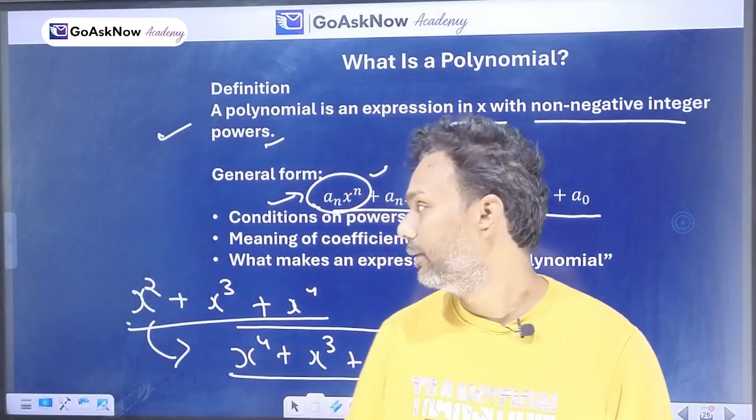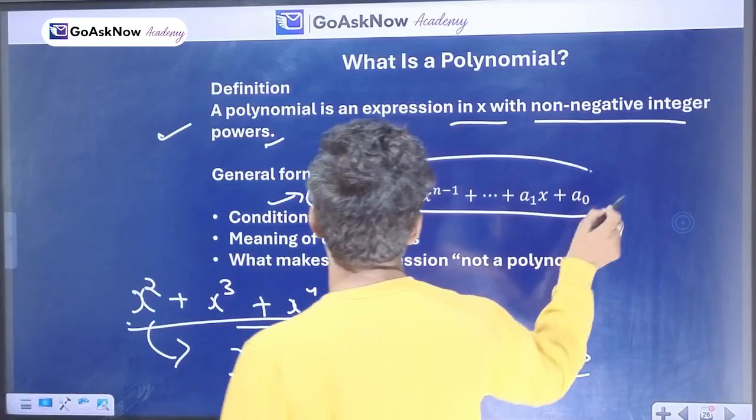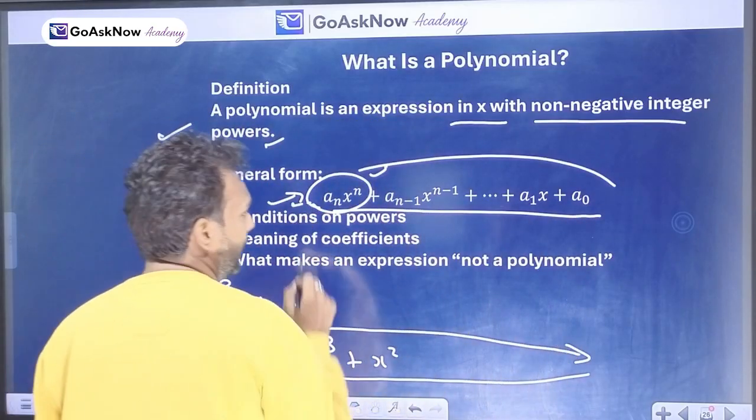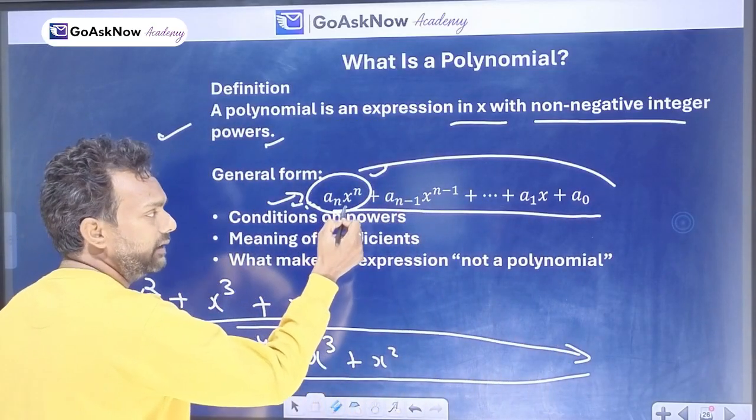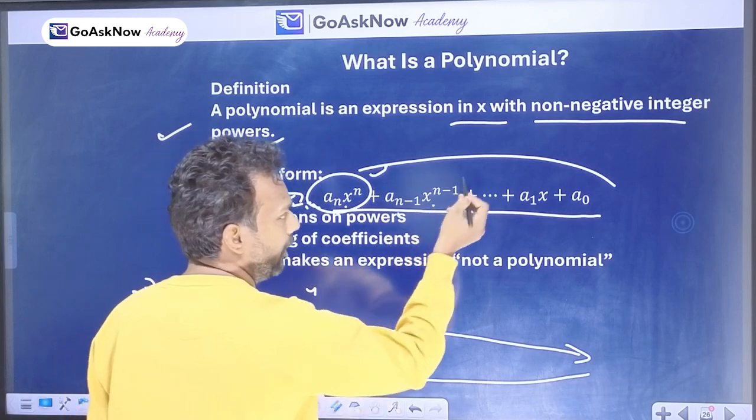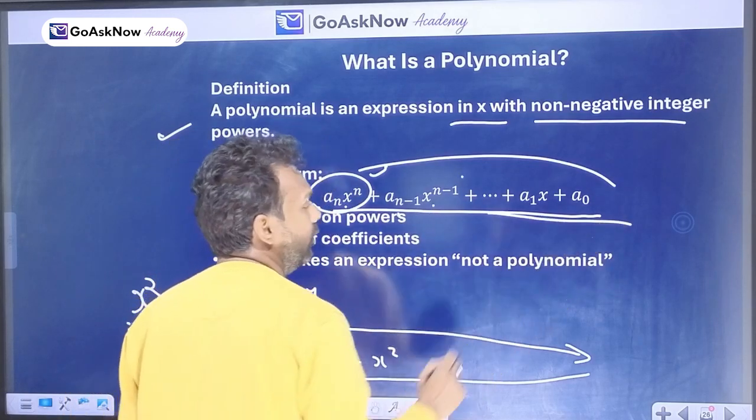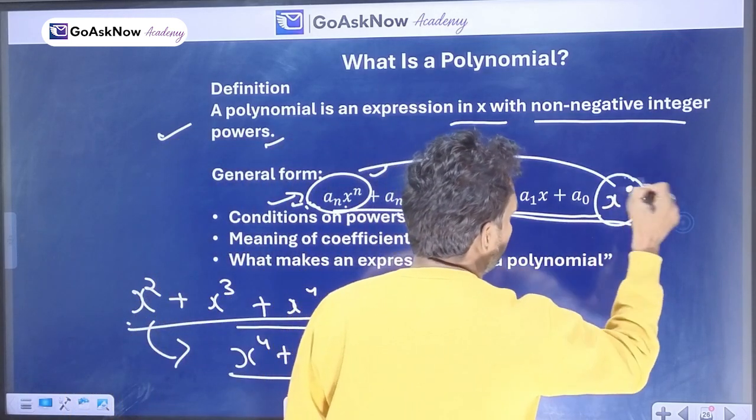So the general form is a_n, meaning any constant, times x to the power n, plus a_(n-1) x to the power n minus 1, and it will move till x to the power 0.